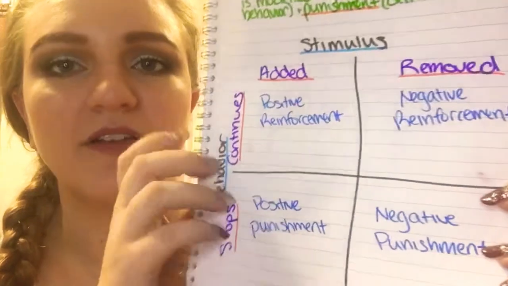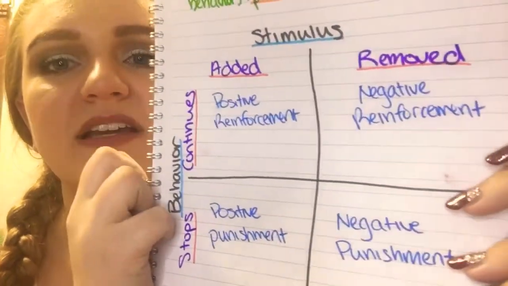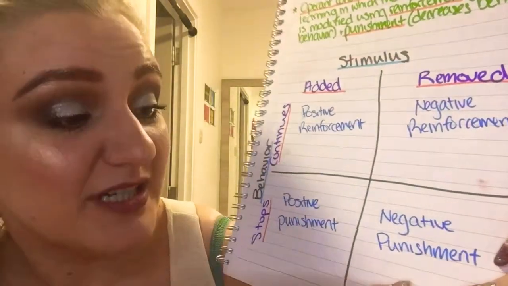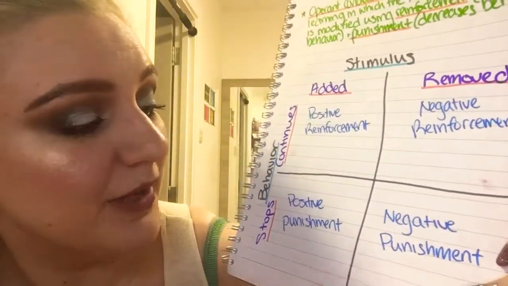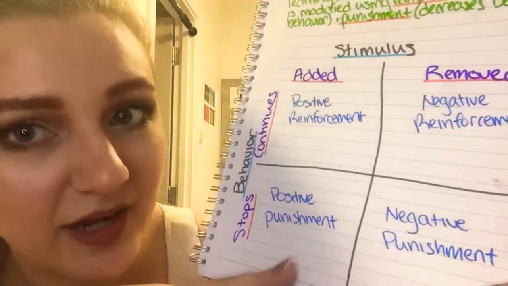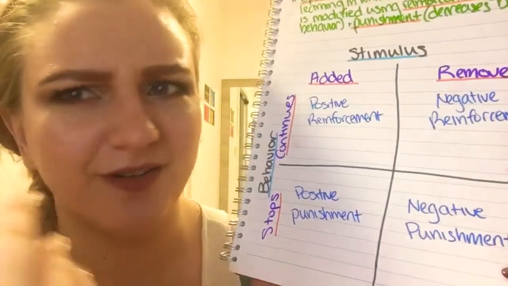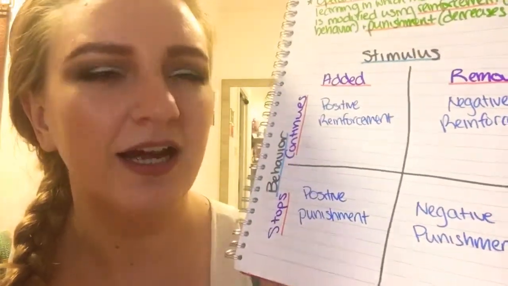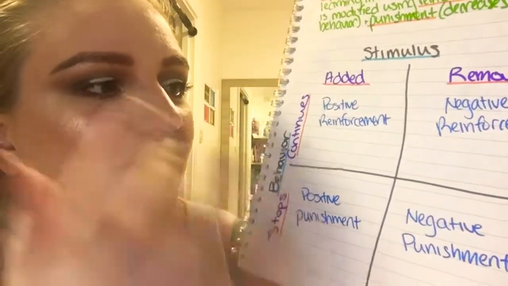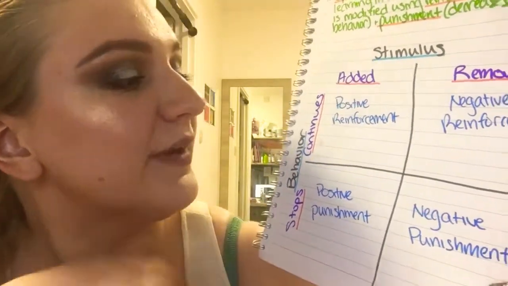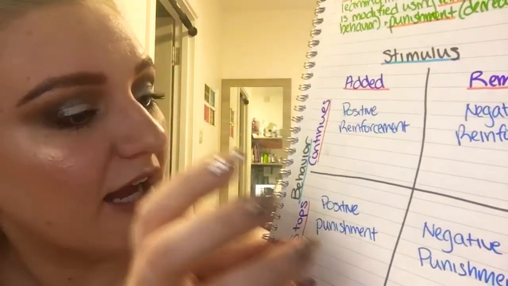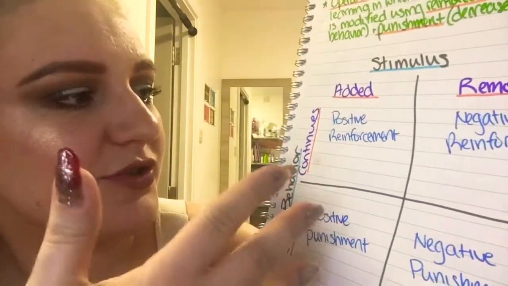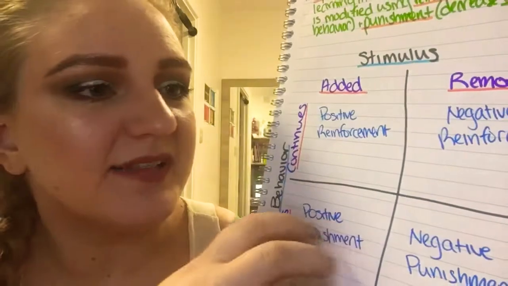This can be really confusing for a lot of people because negative punishment can seem kind of redundant, and positive punishment seems kind of oxymoronic. You think, how can there be a positive punishment? So we need to change the way we think about those words. Anytime you are adding some sort of stimulus, that is always going to be positive.